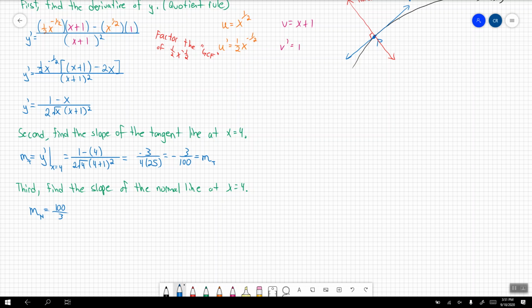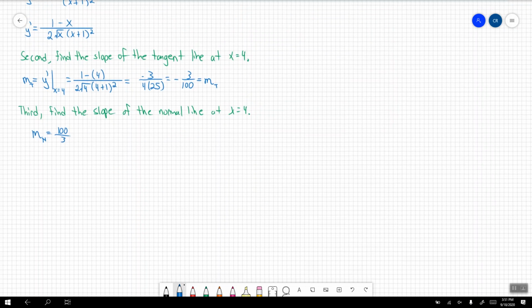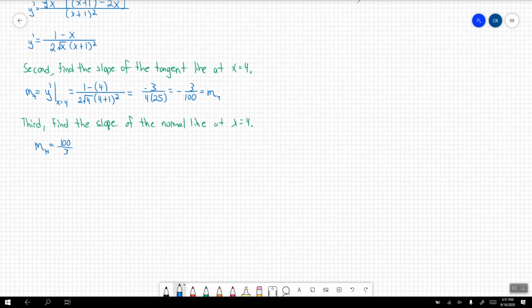Now all we have to do is put all this together into finding the equations. So let's go ahead and get started on that. Now, I'm going to be using the point slope form of a line to find the equations.